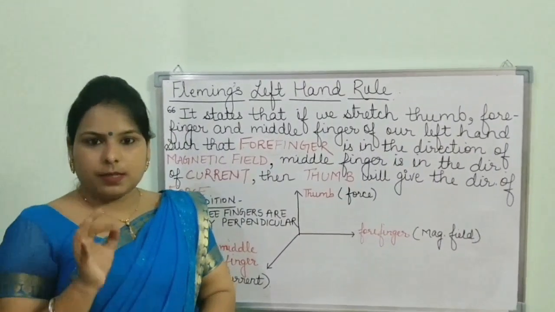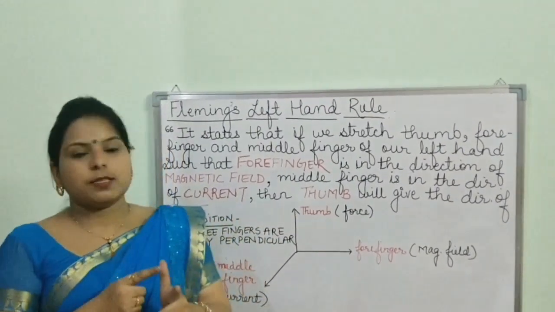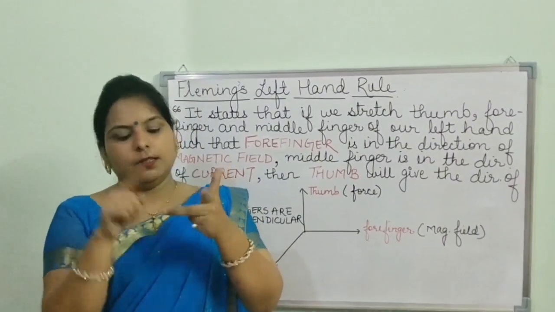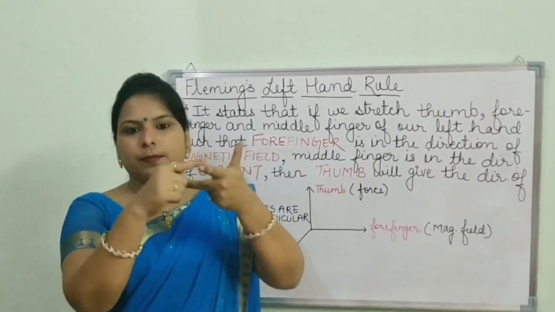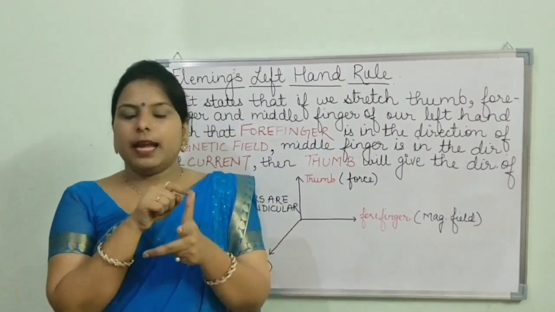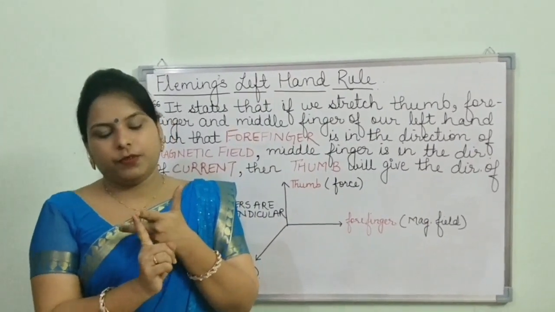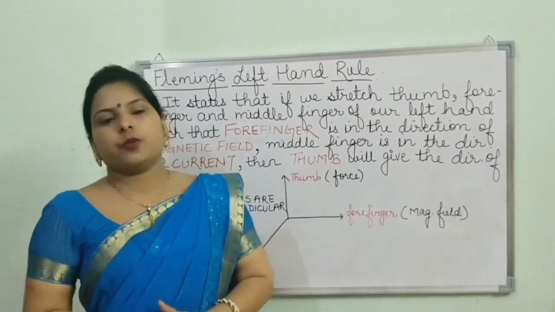And for simplifying, I am telling you how to remember this rule. You must know the head of the family is your father, then mother, then child. So you can remember this rule as father, mother, child. Father F will represent force, mother M will represent magnetic field, and child C will represent current. So this is only to remember this rule.